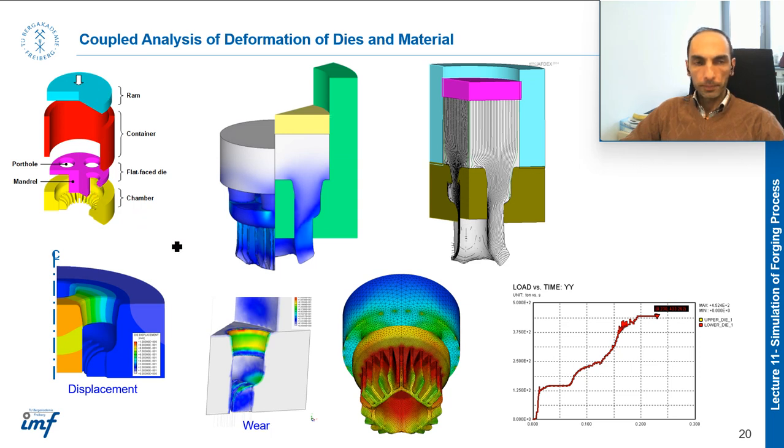If you give the data for the model, you can even predict the wear in the die, because you know the temperature and the pressure on the die, and based on the values of these state variables, if you define a wear model, then you can predict how much wear there would be in your die. In this simulation, for example, it's showing a high risk of wear here.